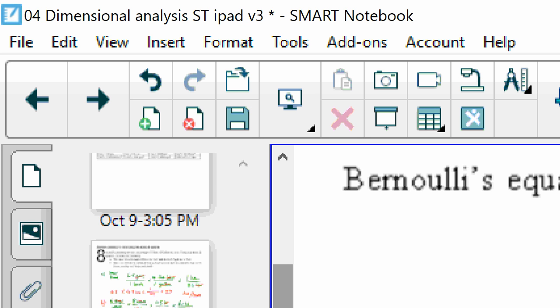This bit, mass times length to the minus 3, is density, mass per length cubed, kilograms per meter cubed, density.